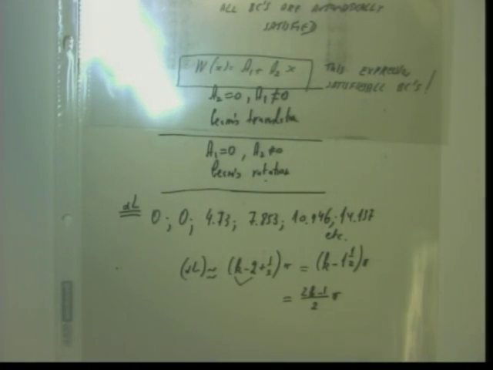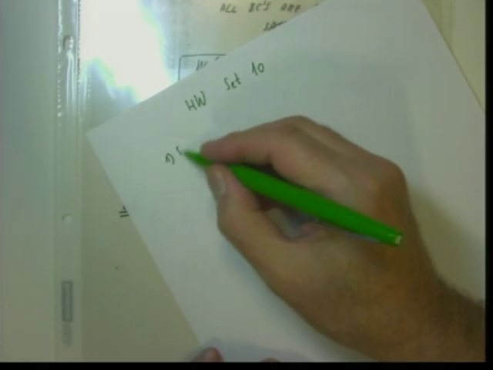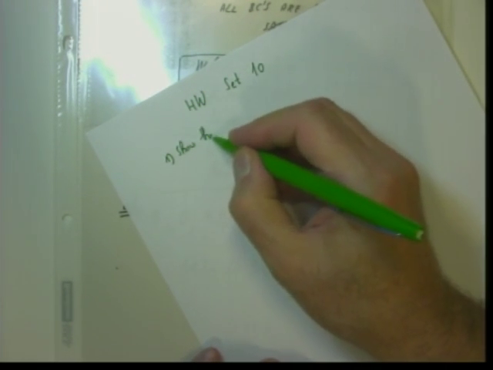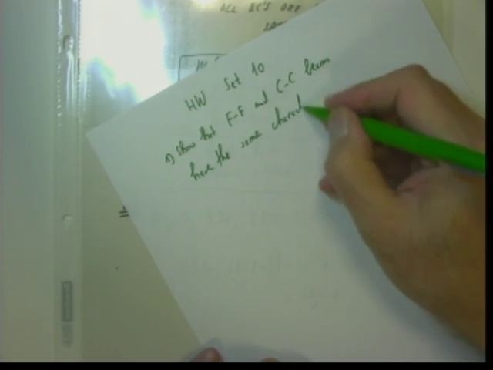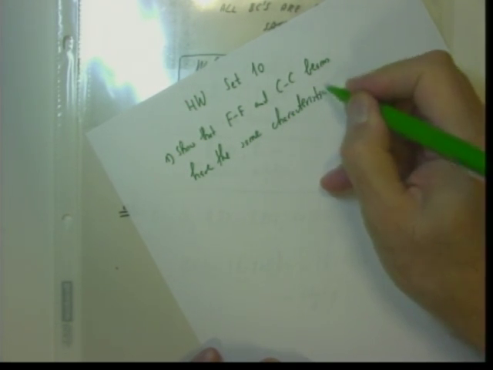Okay. What is our homework set? Set 10. 1. Show that free-free and clamped beams have the same characteristic equation.